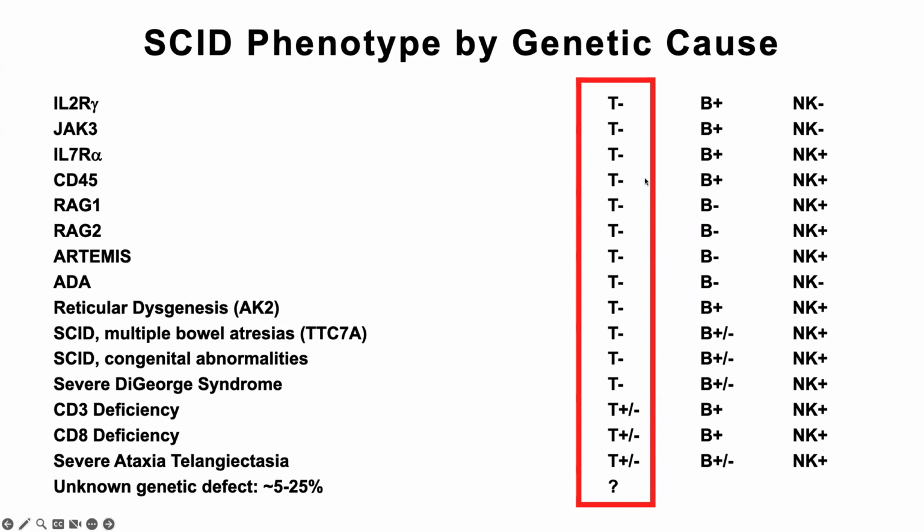If it's important for, say, just the development of T cells and NK cells, you get a T negative, B positive, because it's not important for the development of B cells, but NK negative because it's important for the development of NK cells. So this is how we classify the phenotype of SCID patients, based on their T, B, and NK cell phenotypes. Okay, all right.